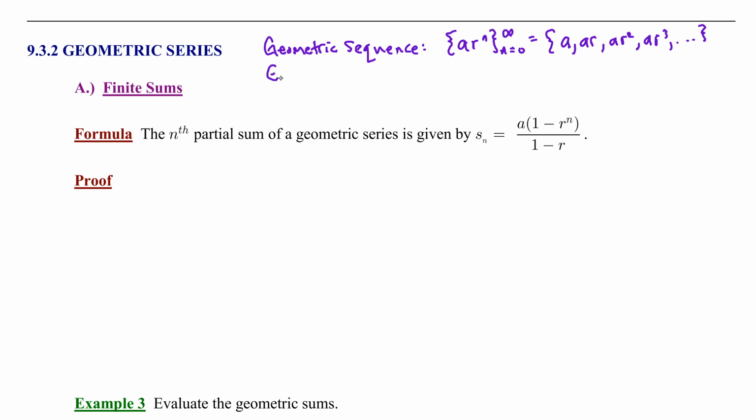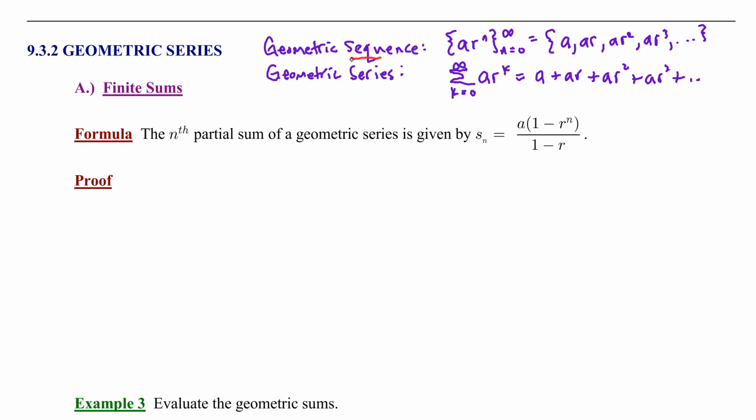Let's compare this to the geometric series. Remember, a geometric series is the sum of the geometric sequence. This is going to look like a plus ar plus ar squared plus ar cubed, much like a polynomial looks.